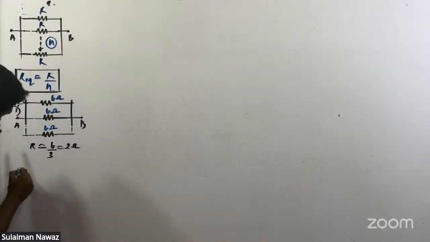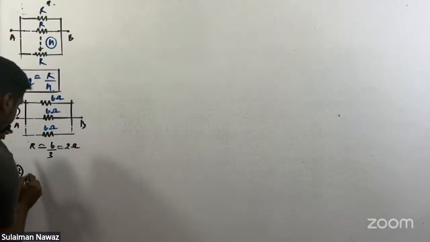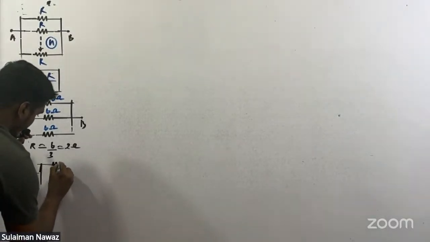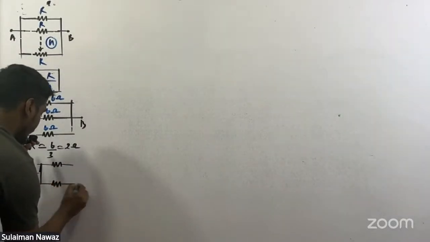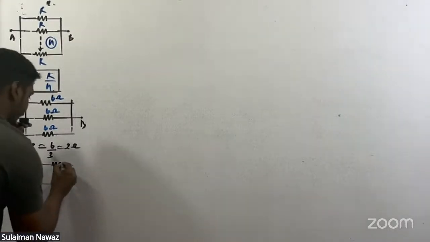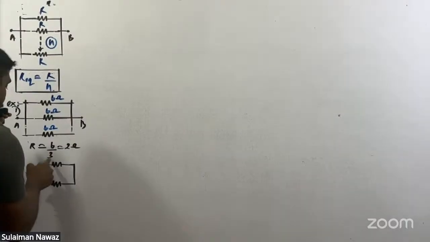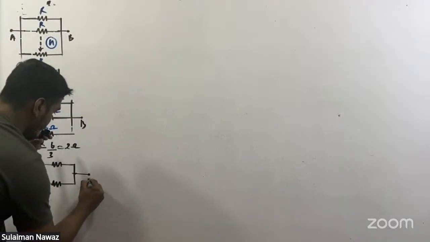Then example number 2. There are two resistors in parallel, each having resistance 4 ohms, 4 ohms. What is the equivalent one? Right? Within a second, you should be able to answer. When there are two resistors in parallel having equal magnitude 4 ohms, 4 ohms, your equivalent resistance must be how much? It's going to be 2 ohms.